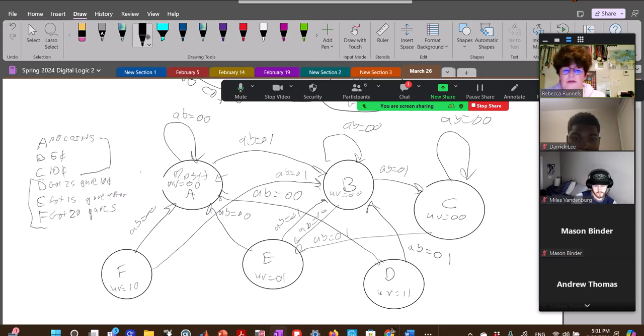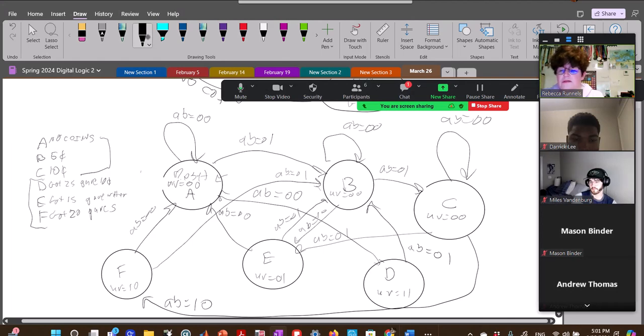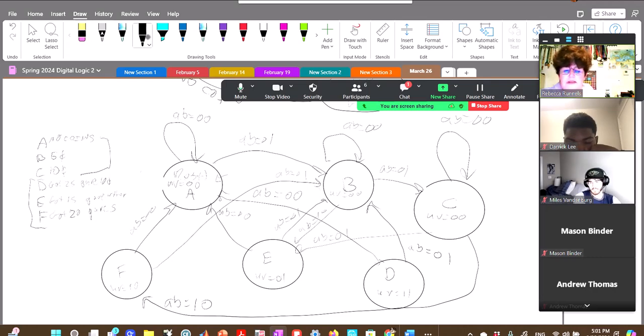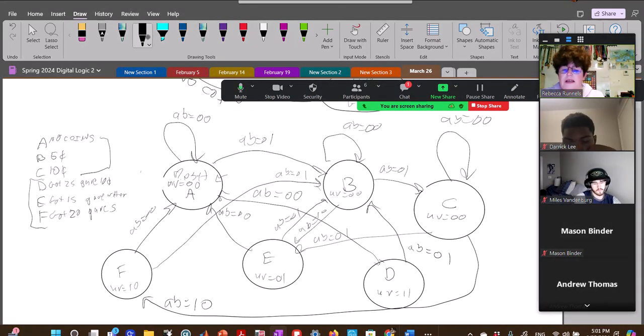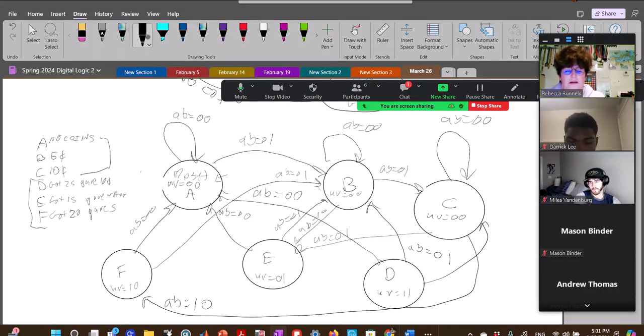C would go to F, AB equals 1, 0. D would go to C. And then D, E, and F would all go to C. AB equals 1, 0. They would all go to the 10 cent state. I will draw them in.